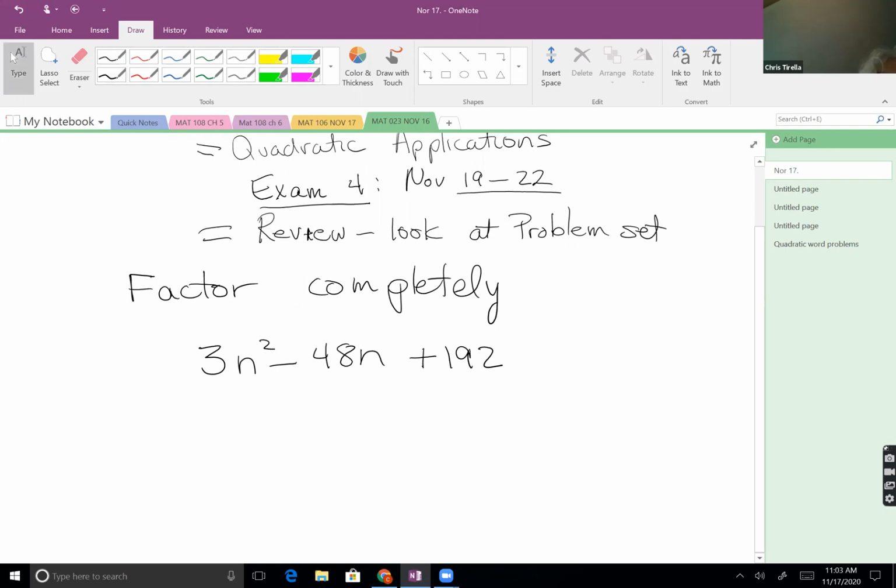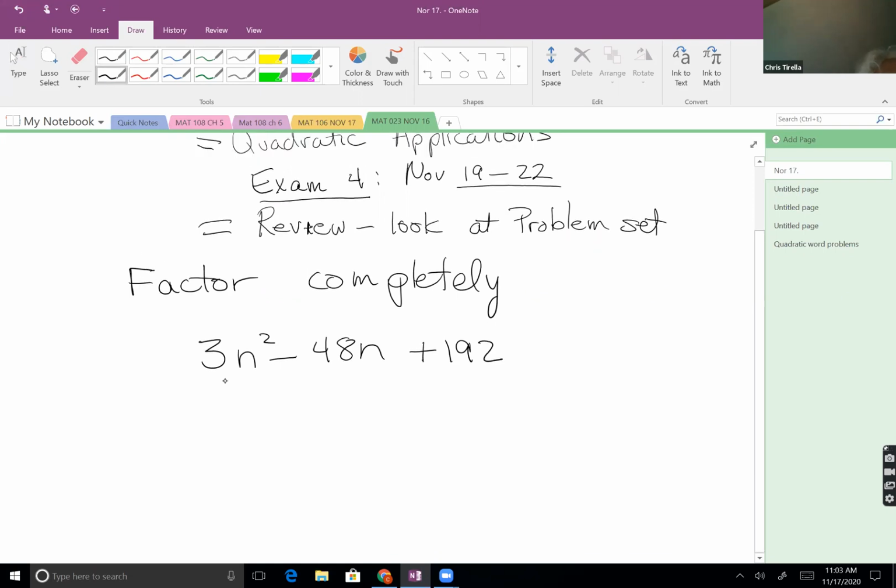Now, in order to factor, especially if there's a leading coefficient, it doesn't always happen, but sometimes we'll find that that leading coefficient is a common factor. So first thing I want to know is, is 3 a common factor? Can I divide 48 by 3 evenly?